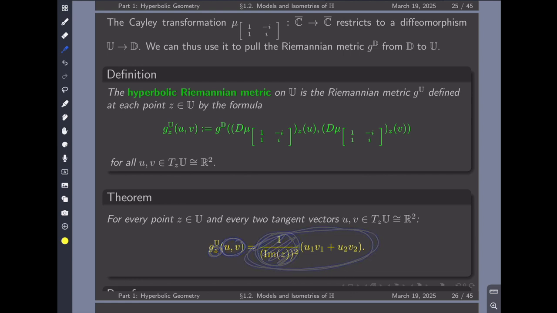Moreover, the scaling factor becomes larger and larger as Z moves to R, because its imaginary part gets very close to 0, so 1 over that gets very close to infinity.